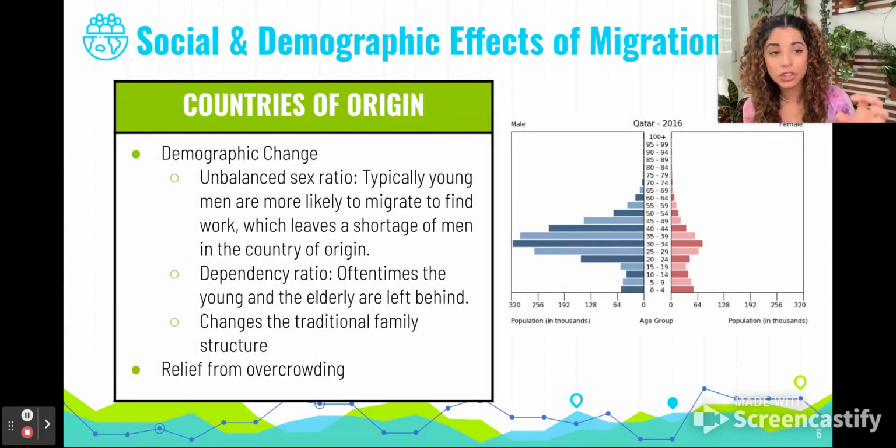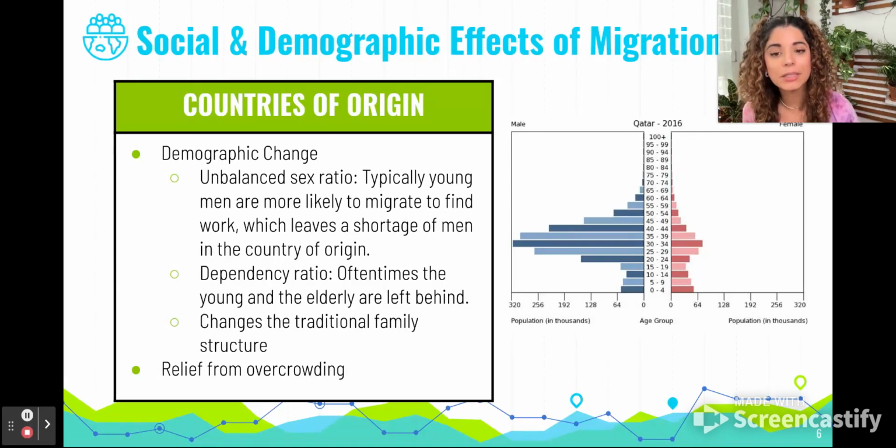So the countries of origin, in terms of social and demographic effects, we do sometimes see a demographic change there as well. An unbalanced sex ratio, because young men are the ones that tend to leave, right? Sometimes we see instances where there might be a shortage of men in the home country because they're off away working.